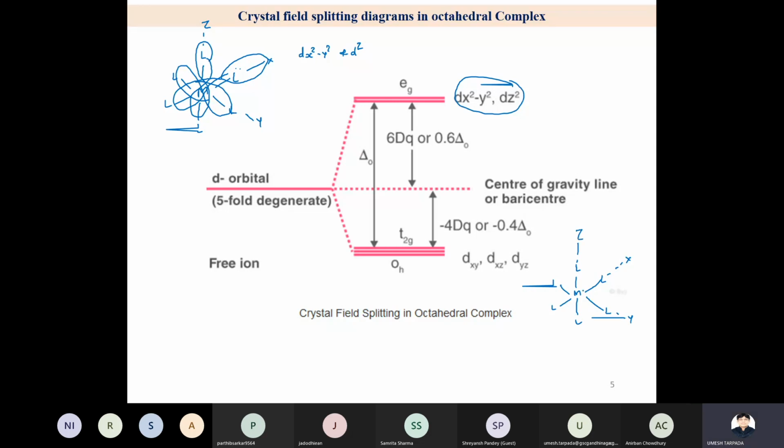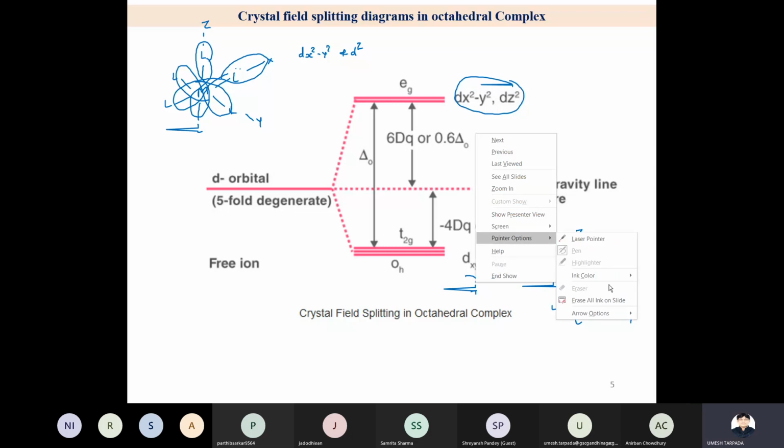Now the xz orbital is present between the axes. Here the lobes of the orbital are in between the axes and the ligands are on the axes, and therefore it experiences less repulsion and has lower energy as compared to the EG set. This is called the T2G set, and the earlier one is the EG set.